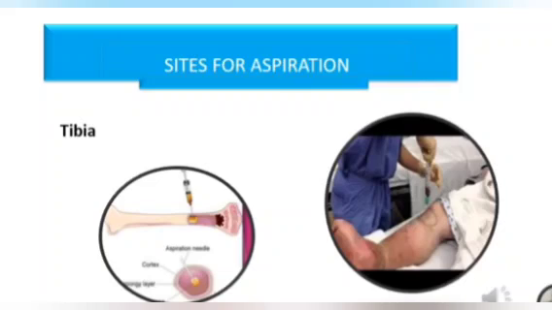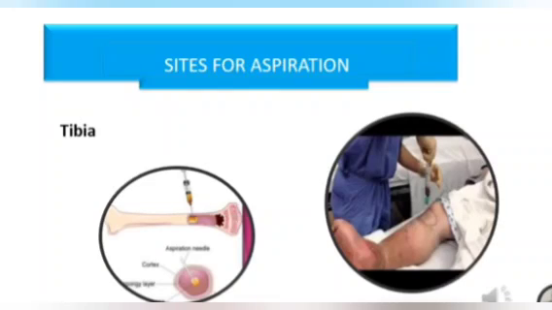We can also get aspiration from other places, like occasional aspiration may be directly performed from a lesion visible in X-ray, for example, a lytic lesion in ribs, and also in skull bone.